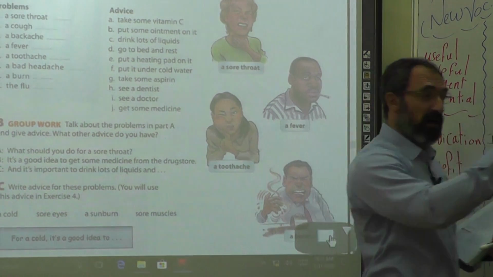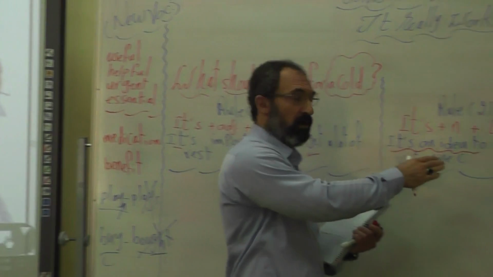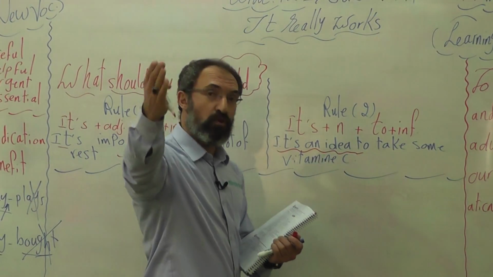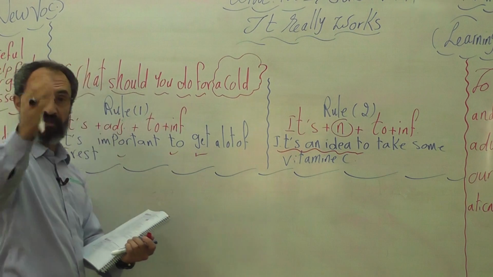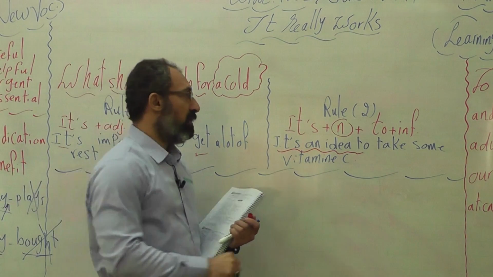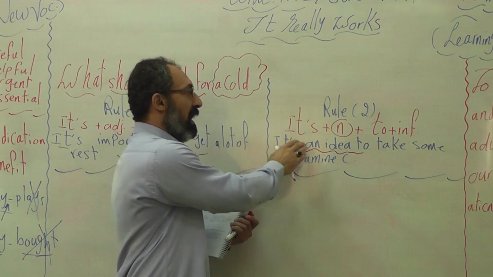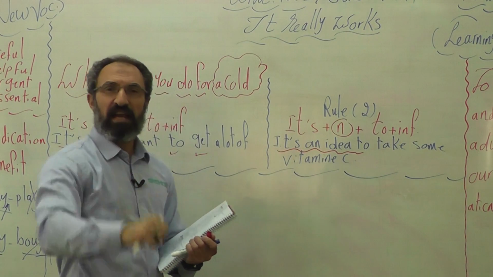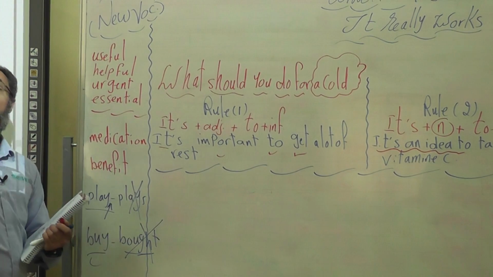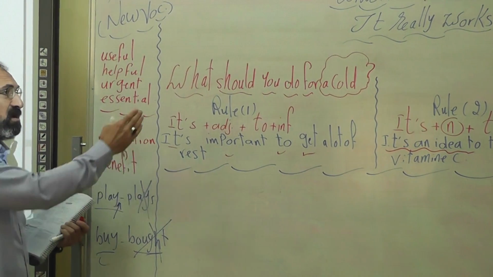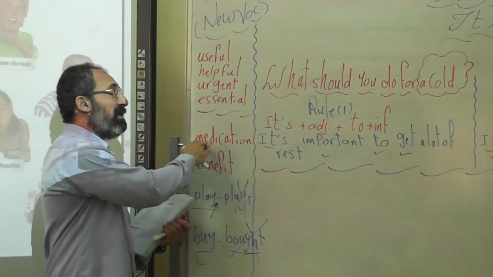Okay, can we apply the second grammatical rule where we can use the noun instead of the adjective? Of course we can. How can we do it? It's an idea. Okay, let's change an idea. Can we? Of course. Here we have some nouns. We can say it's a medication.